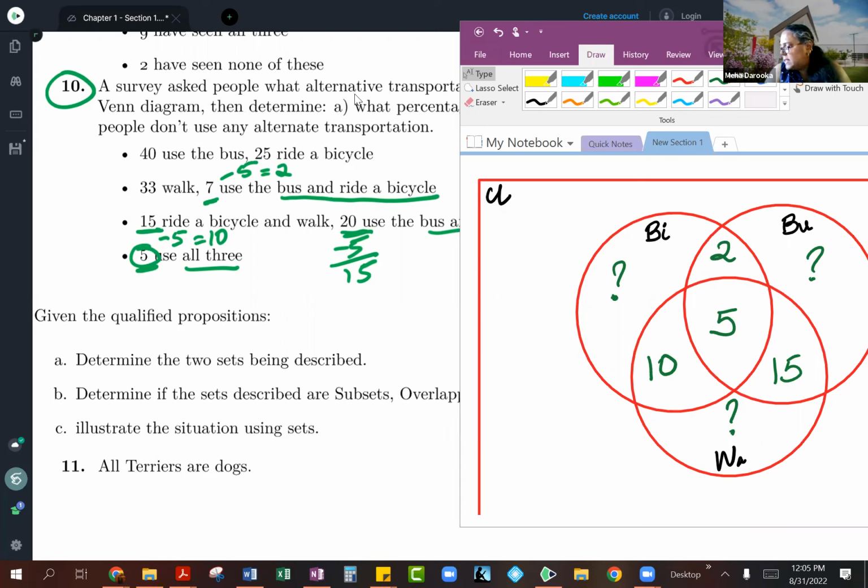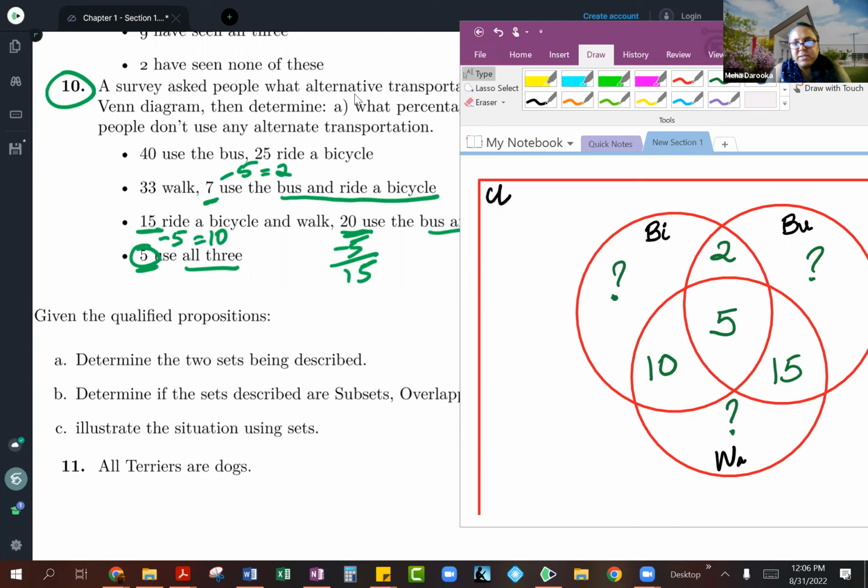Sabrina, your bike is looking good, but I would check the walking and the bus. Destiny, those numbers are too high. Check your math again. And then Michael, I see your updated answer. That looks good, Michael. Yeah, very nice.